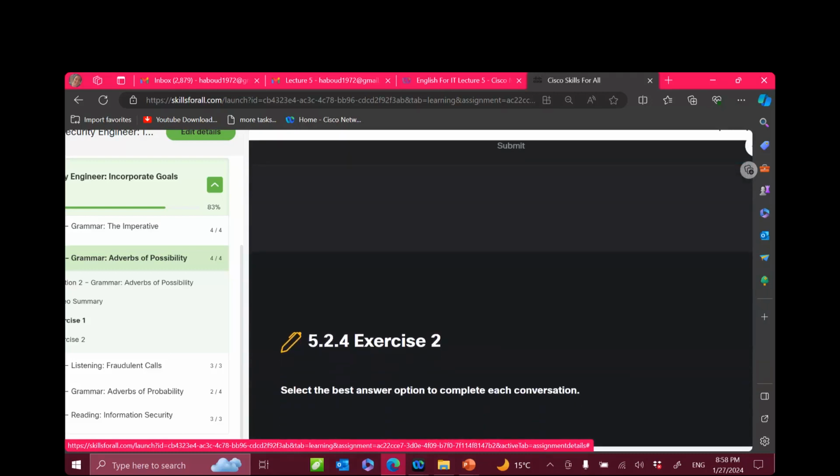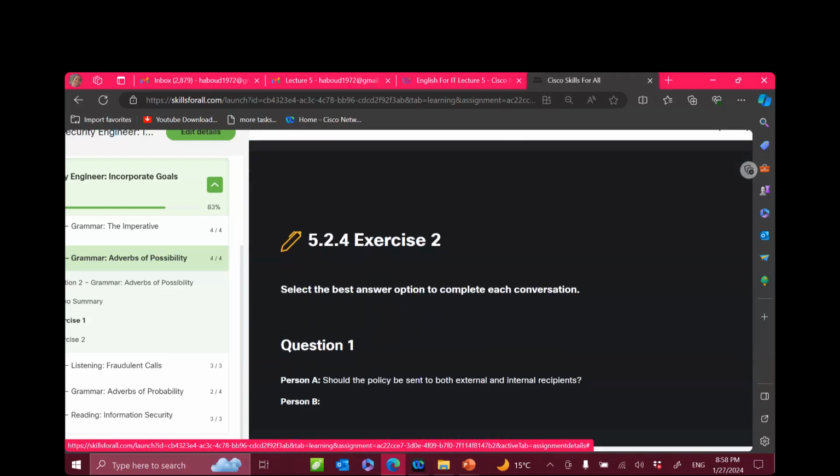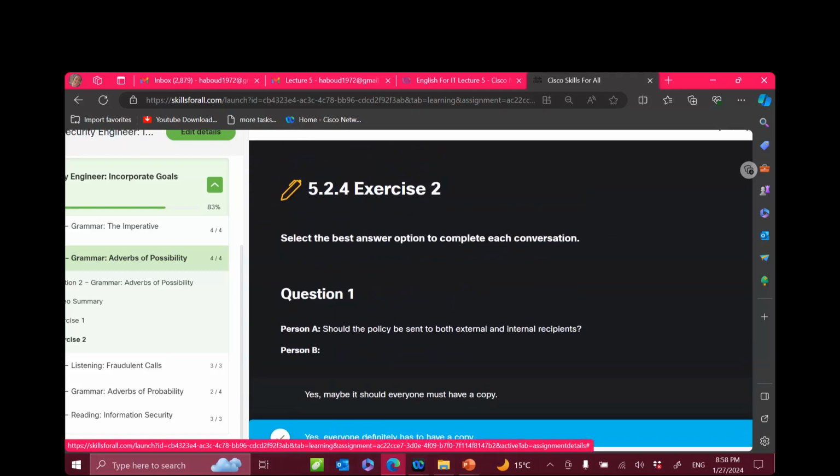Exercise 2. Select the best answer option to complete each conversation. Okay. Person A: Should the policy be sent to both external and internal recipients? Person 2: Yes, maybe it should.